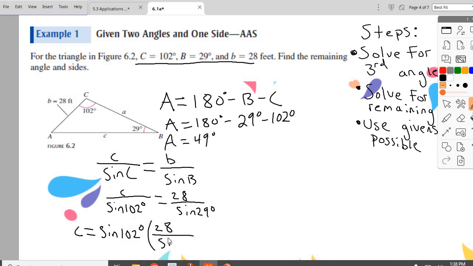And then we're just going to plug all of that into our handy dandy calculator. You want to make sure you're in degrees, and you want to make sure that after you type 102, you close your parentheses and then click times before you start your division part. Otherwise it's going to put all of that inside of the sine, and you don't want that. You just want the 102 there. So what do we get when we do that?